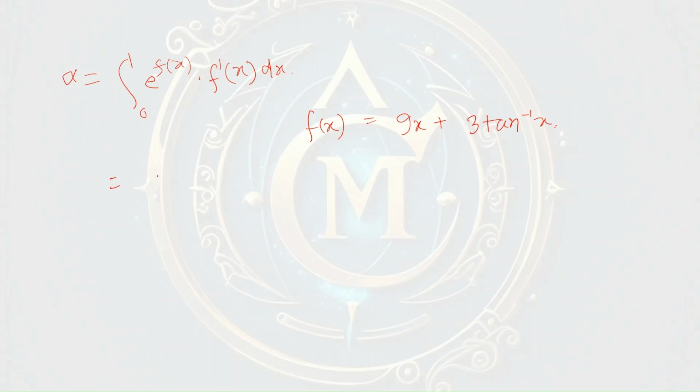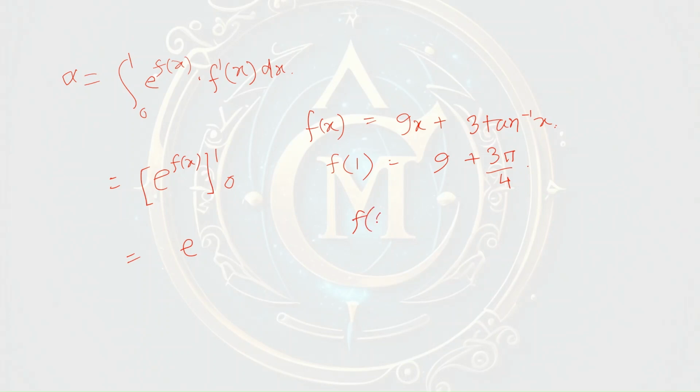So this integral can be easily evaluated as e to the power f(x) from 0 to 1. This will be e to the power f of 1. So f of 1 is nothing but 9 plus 3 times tan inverse 1, so pi by 4.